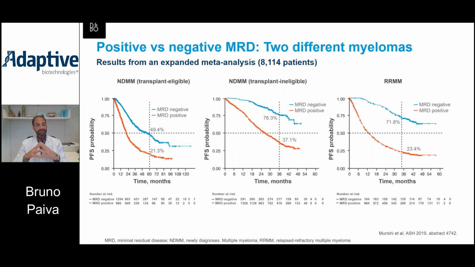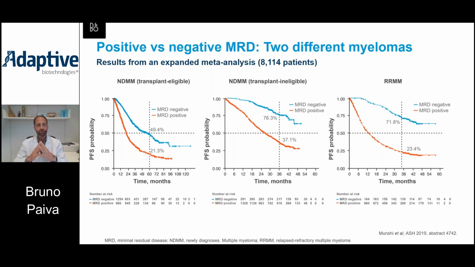Beyond using MRD as a tool to identify patients at risk of short duration or unsustained CR, I would go beyond this point and even say that MRD is a biomarker that allows you to identify two different myelomas, MRD positive and MRD negative.